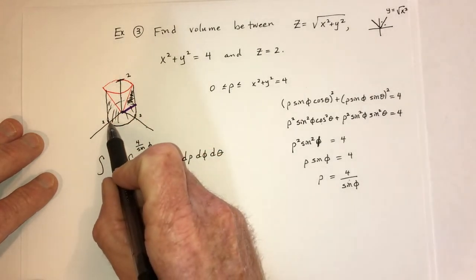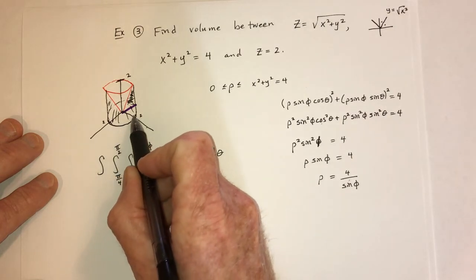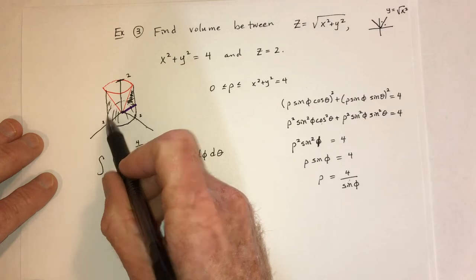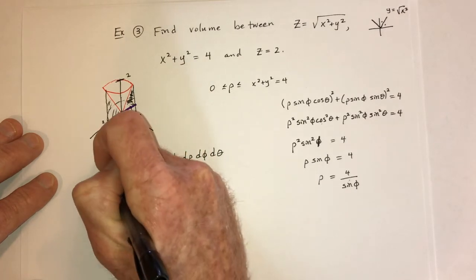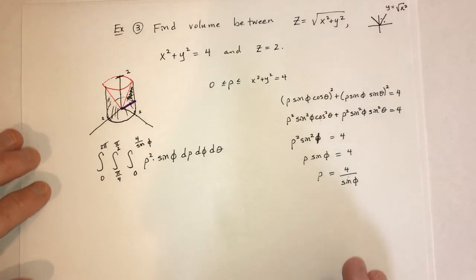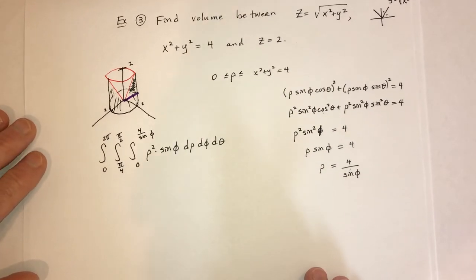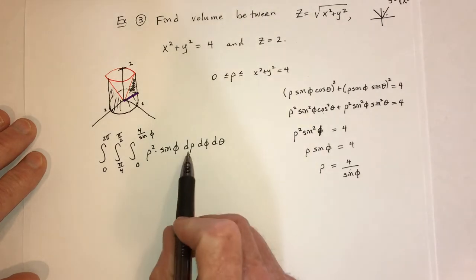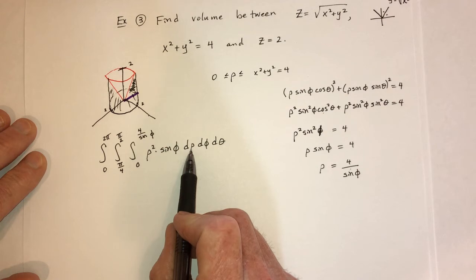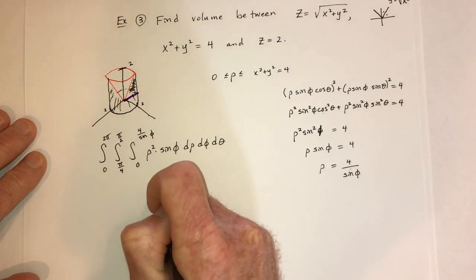And then finally for the theta, so you have to measure that from the x-axis, and since it has to go all the way around this circle, then it needs to go from 0 to 2 pi. Okay, so we've done the hard part, setting it up. Now, just for the fun part, integrating. So first of all, integrate with respect to the rho, which means this is going to be rho cubed over 3.